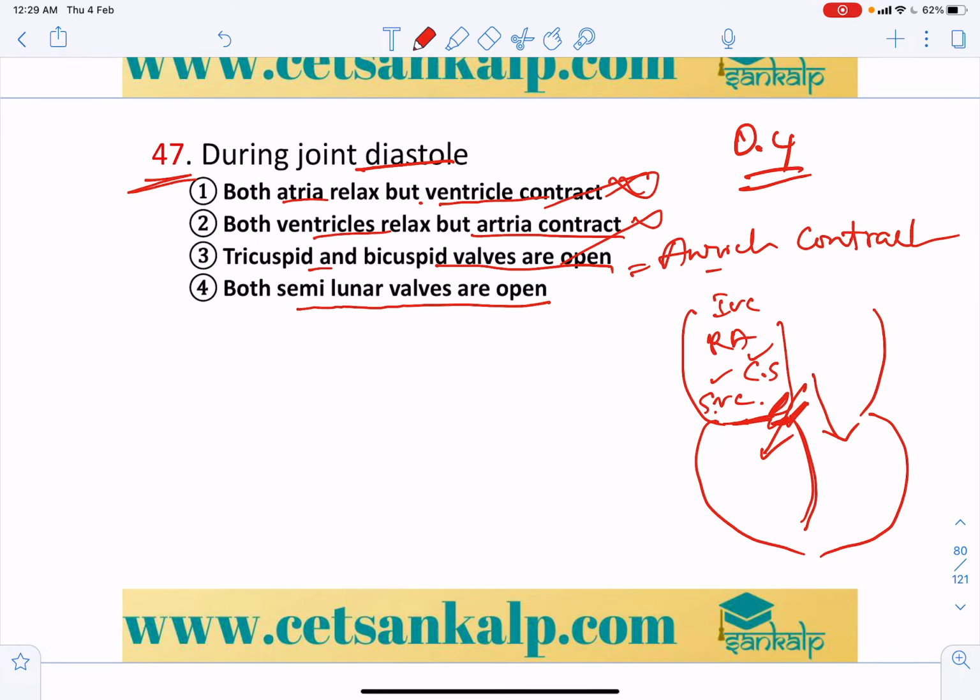Tricuspid and bicuspid valve opens? That is during the auricular contraction. Both semilunar valves are open, right? When both semilunar valves are open, we can say diastole, right? When there is a diastole, they should close actually, but due to the back pressure which is exerted, they will close. So next.